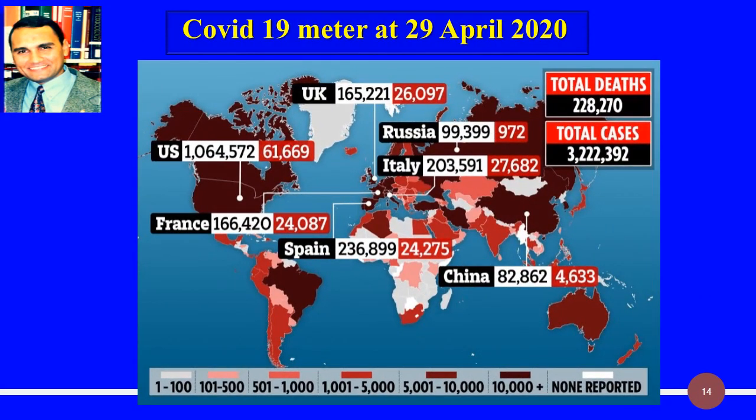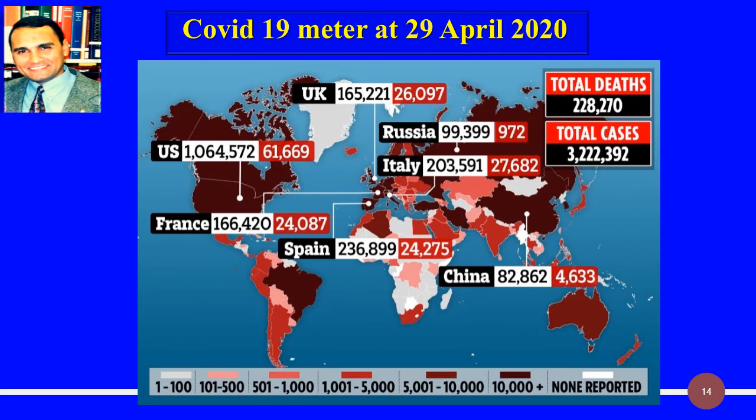Analytical epidemiology of the presence of SARS-CoV-2 throughout the world, by elaborating the COVID-19 meter on the 29th of April 2020, showed that total cases all over the world at that time were about 3,020,000, and total deaths were 208,000.